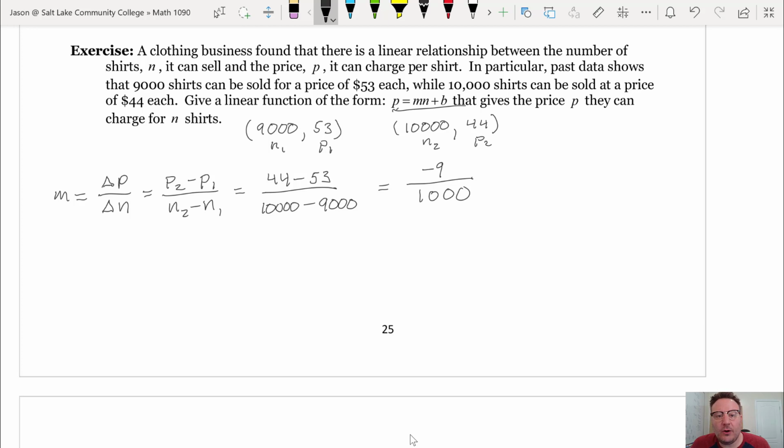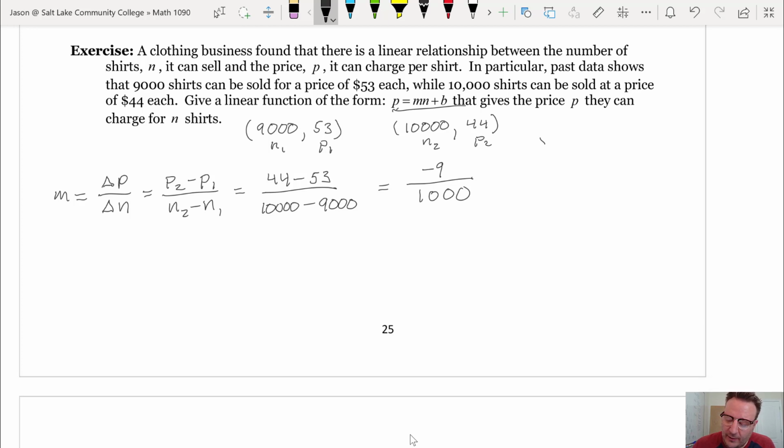Now that I've got my slope, I can use the slope and a single point on the line. Doesn't matter which one I pick, any one of them will work. I can use a slope and a point to get the equation of the line via the point slope formula. Now, normally when we write down the point slope formula, we usually write it down in this form.